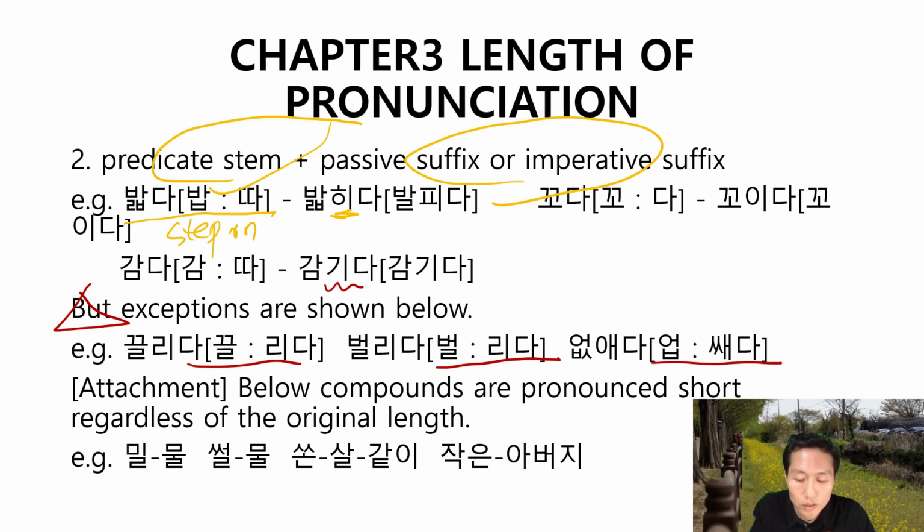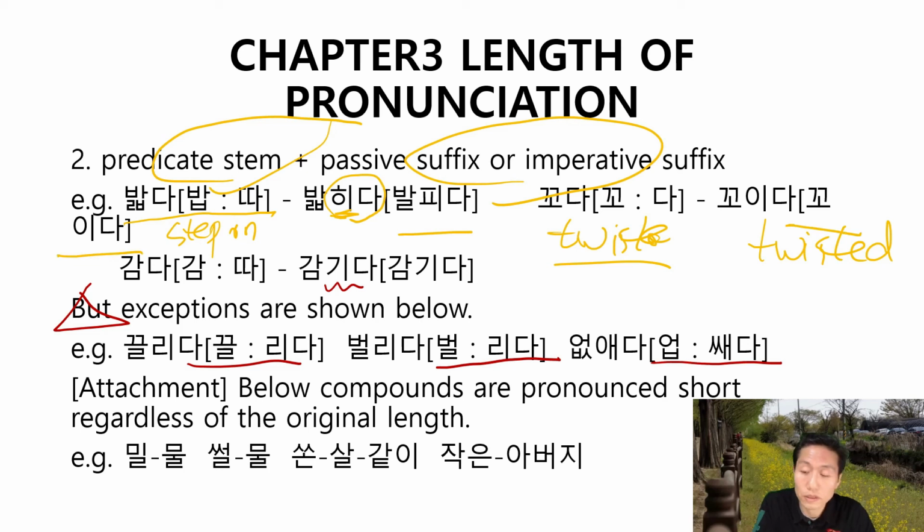So when it's combined with a passive suffix, it is just pronounced short, 밟히다, instead of a long pronunciation. 꼬다 means twist. And 꼬이다 means twisted. In this case also, it doesn't have a long sound, a long pronunciation.